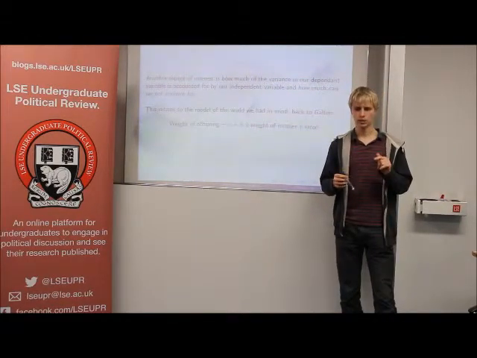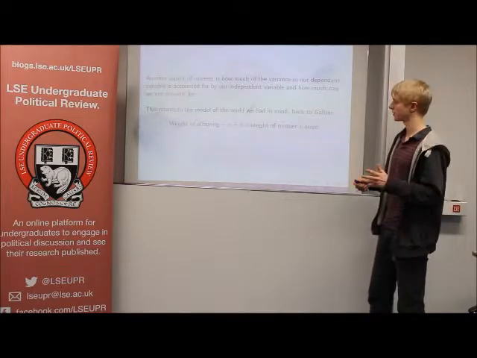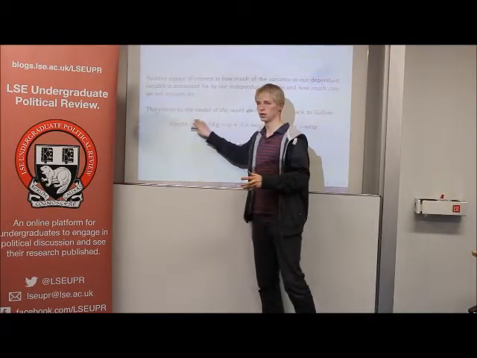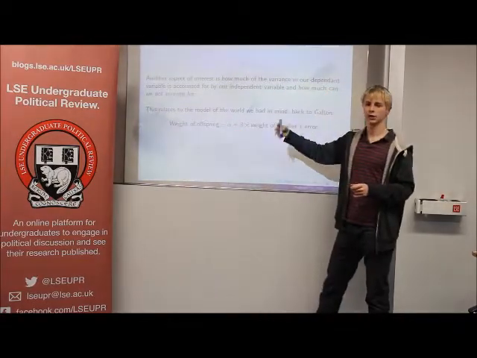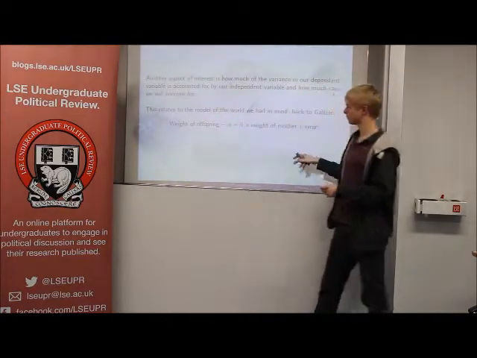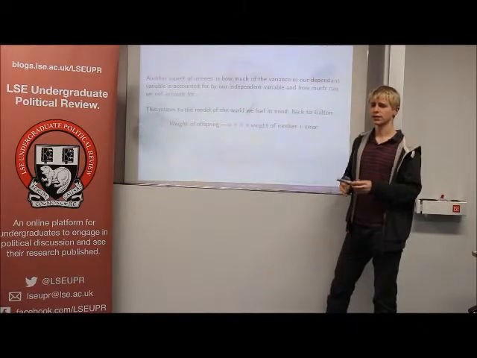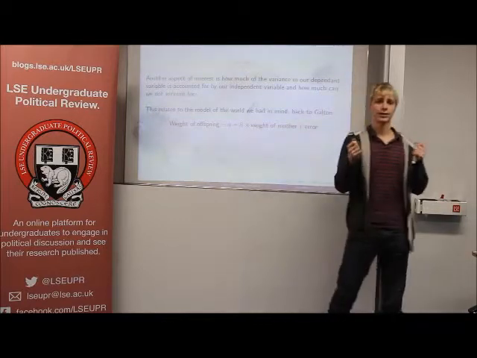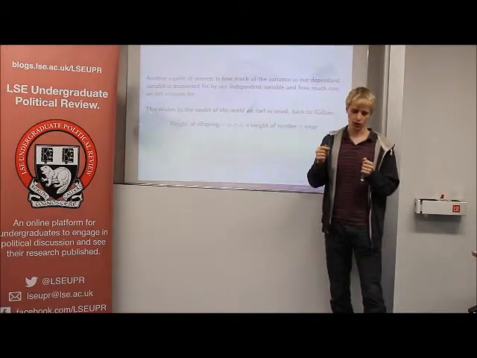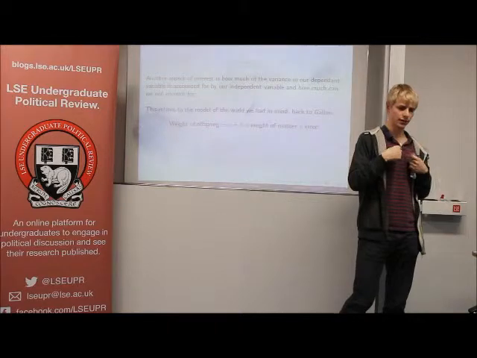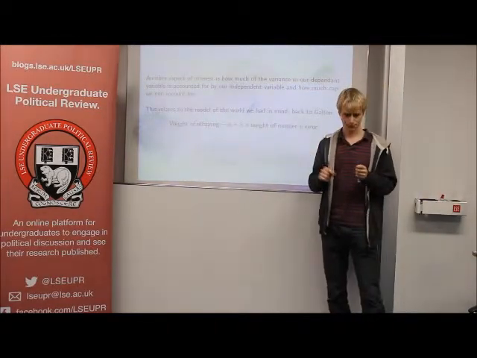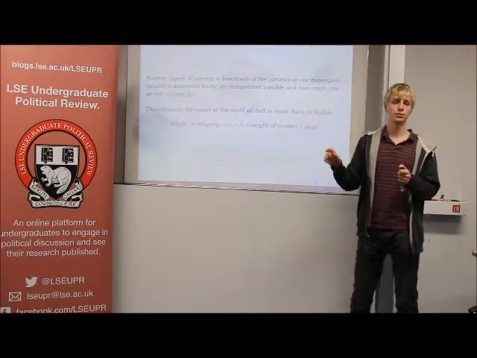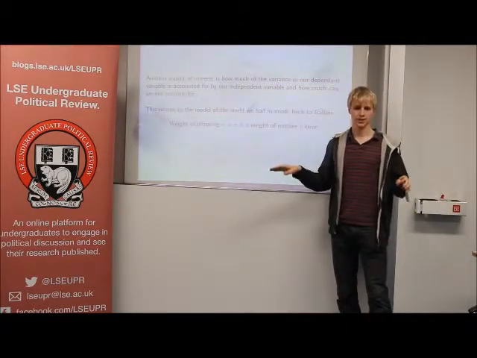But you may also be interested in something else, and that is how much of the variation in your dependent variable can you explain by your independent variable. Now what I mean by that is, if we had a rule in nature that your height is twice the height of your dad, then using the height of your dad, you'd be able to explain your height 100%.